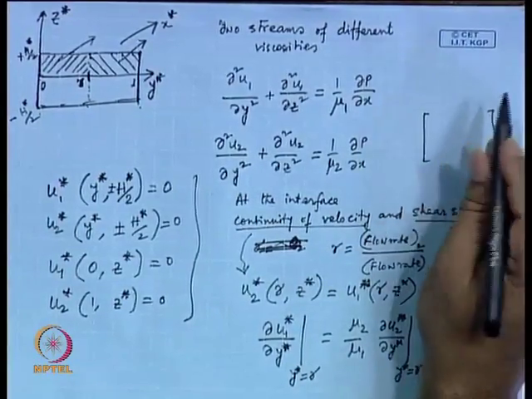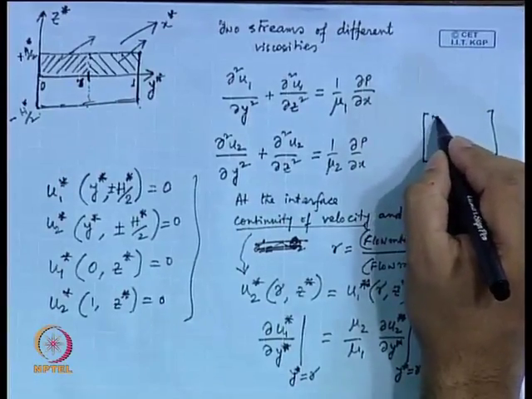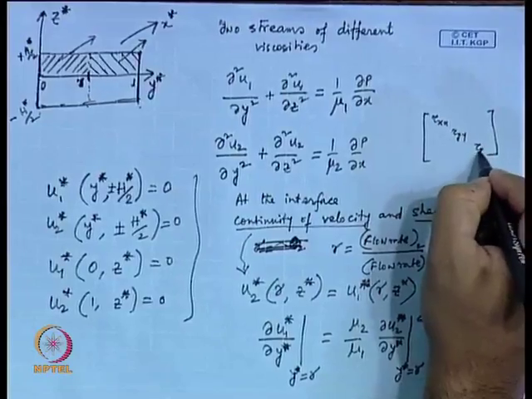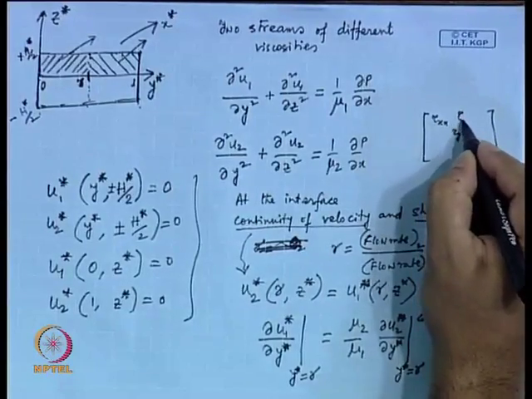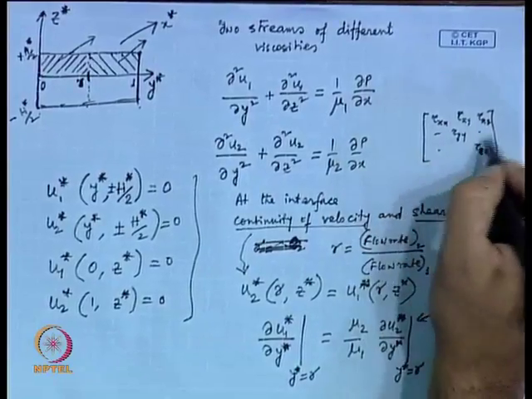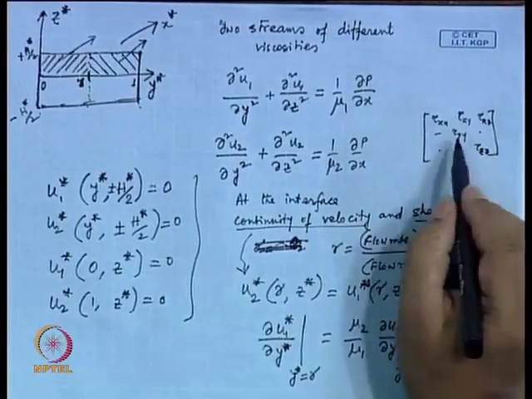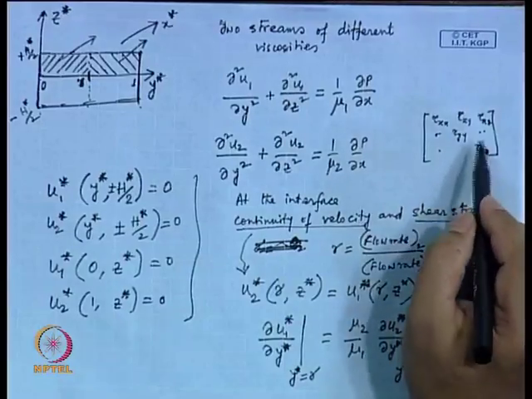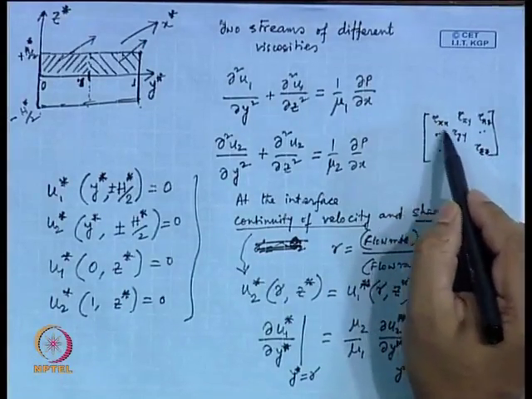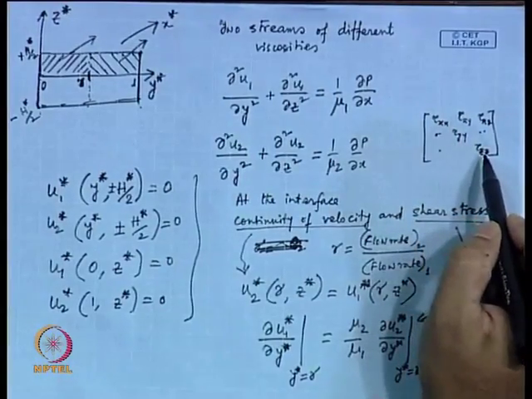It is basically tau xx, tau yy, tau zz, tau xy, tau xz. Similarly, you will have all the elements filled, and this is called a stress tensor. The average of the diagonal elements gives you the pressure.